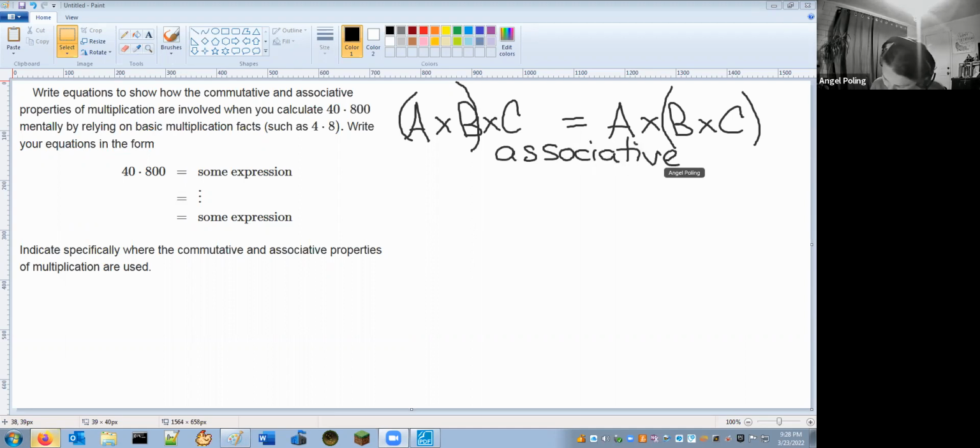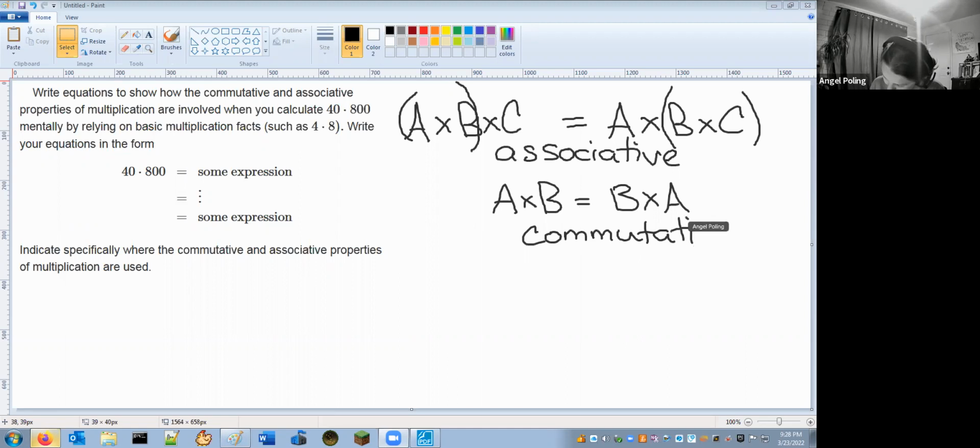And the commutative is to physically switch places, so to convert one position for another. So here is our commutative property.